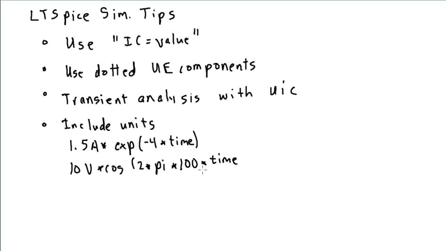By default, in LTspice in the waveform viewer, the trigonometric functions require their argument to be in degrees. So I'll throw in the conversion factor of 180 over pi to get my argument actually in degrees, so it'll plot the right thing. So that's something that you want to remember. I'll put that down as a tip.